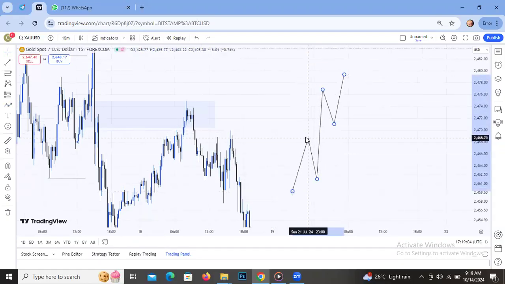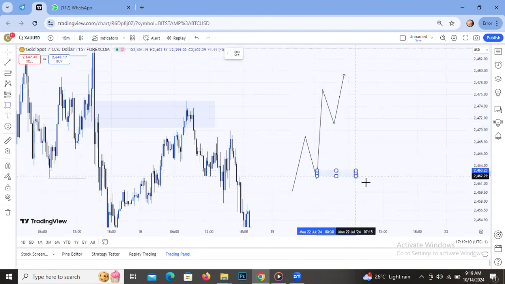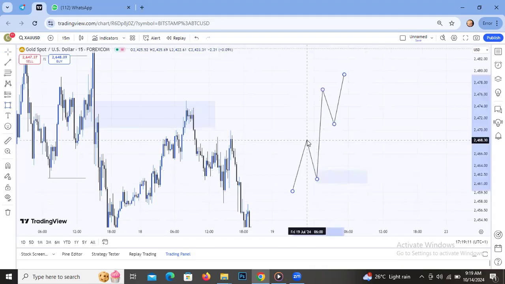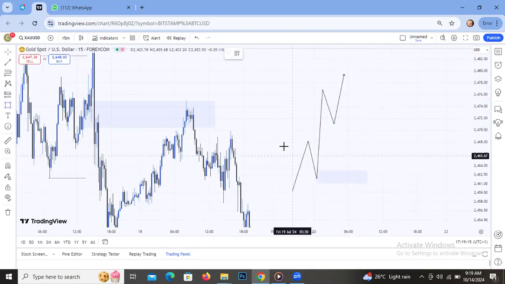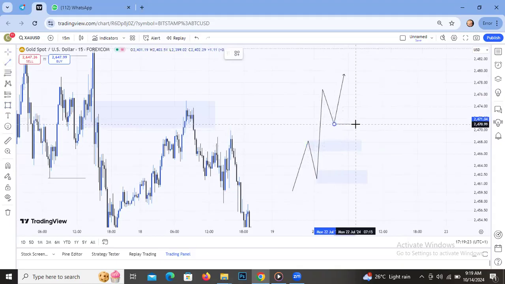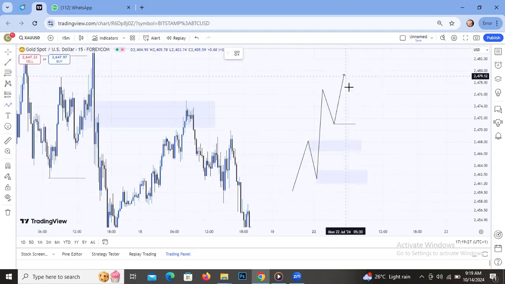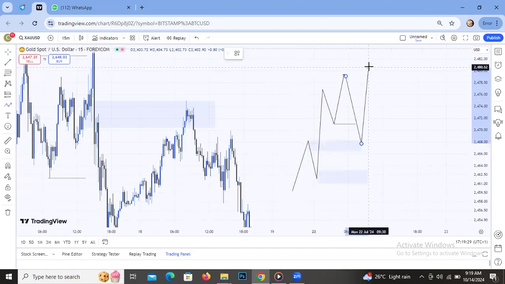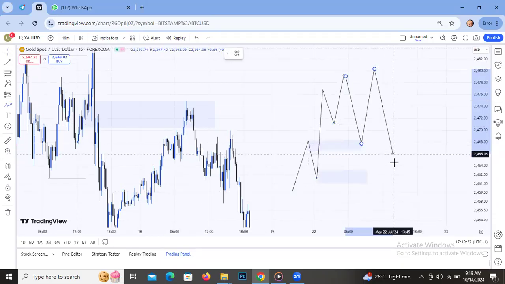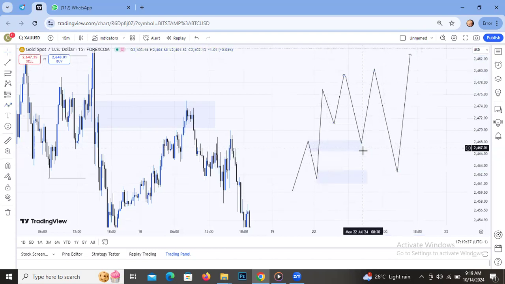This is our breaker block, and this is our order block here, and this is the pullback here. So which POI are we choosing? We are choosing the one near to liquidity, which is the breaker block first. After breaking this zone, the market can actually come back again, take this zone, then buy again. But first, the zone near to liquidity.